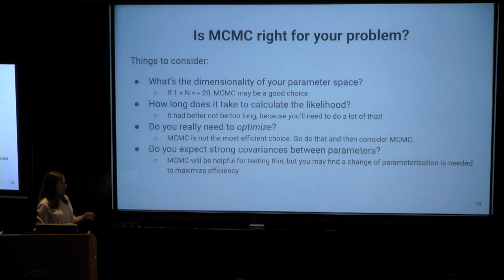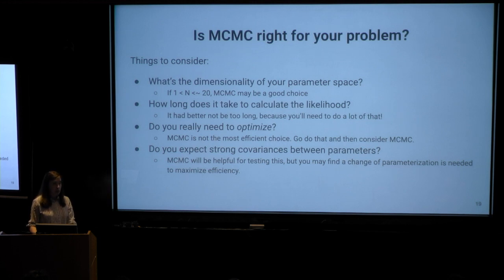And finally, do you expect that there will be covariances between the parameters, that changing one parameter will strongly change the likelihood of the other parameter? MCMC is really useful, as we saw, for characterizing that covariance and getting the marginalized posterior.